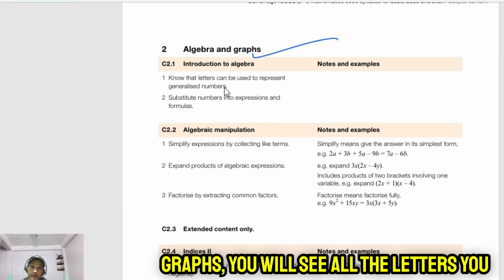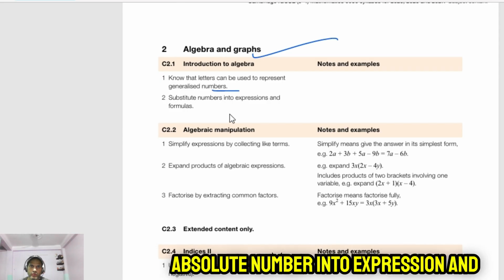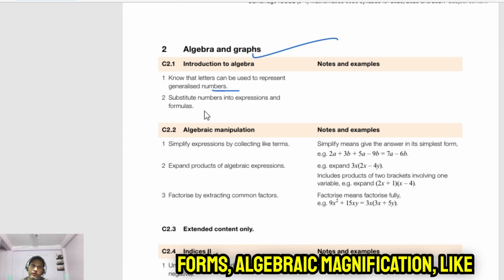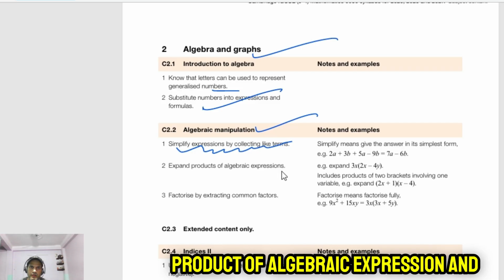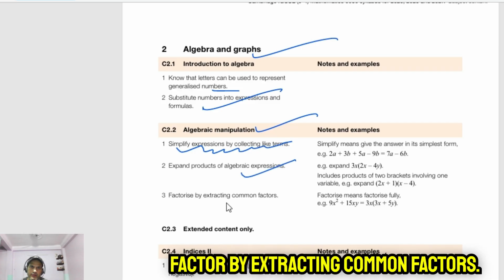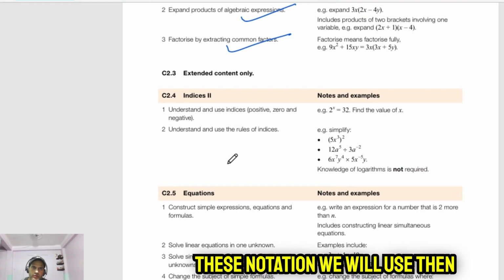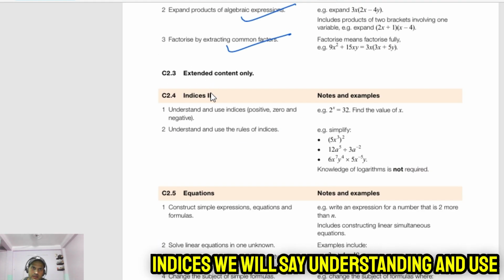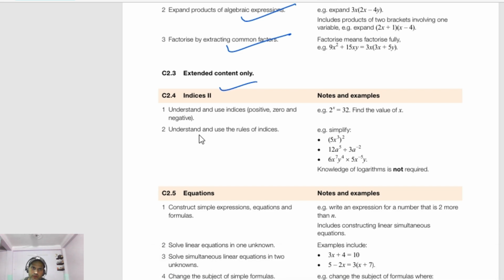Then algebra and graphs: you will see letters used to represent generalized numbers, substituting numbers into expressions and formulas, and algebraic manipulation like simplifying expressions, expanding products of algebraic expressions, and factorising by extracting common factors. This notation we will use. Then indices: understanding and use of indices, positive, zero and negative.